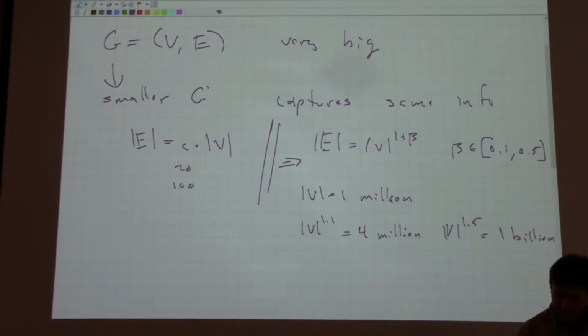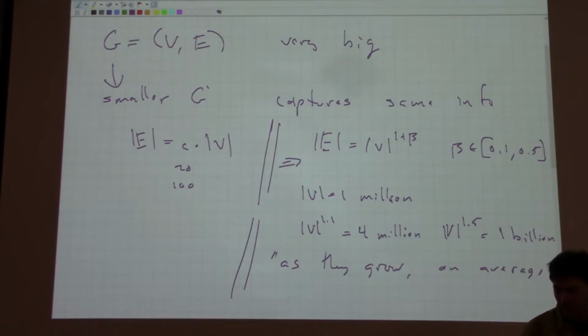So this model, again, says as they grow, on average, each node has more edges, right?